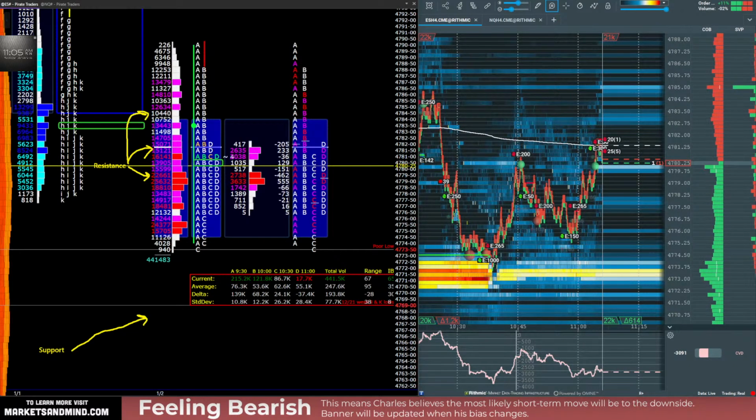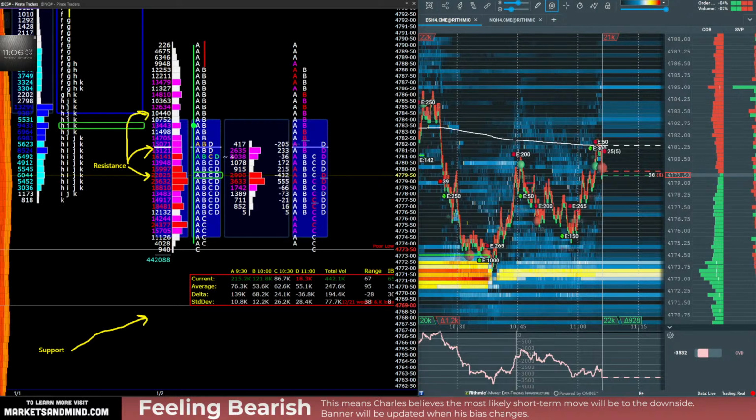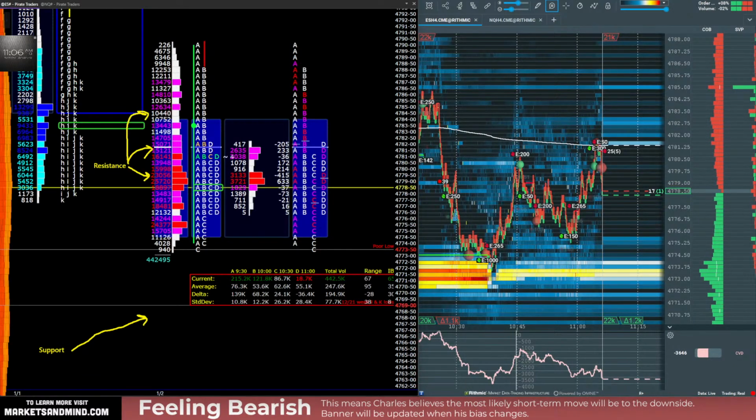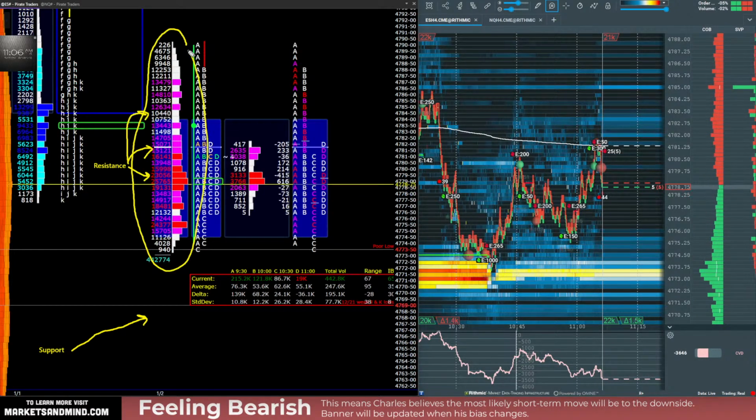Michael says, what are your settings in Window Trader for the volume bars to turn darker colors? So the volume profile is based on whatever the time frame of that profile is. Over here, it would be the profile for the day. And in here, it's the profile for the current 30-minute time period.